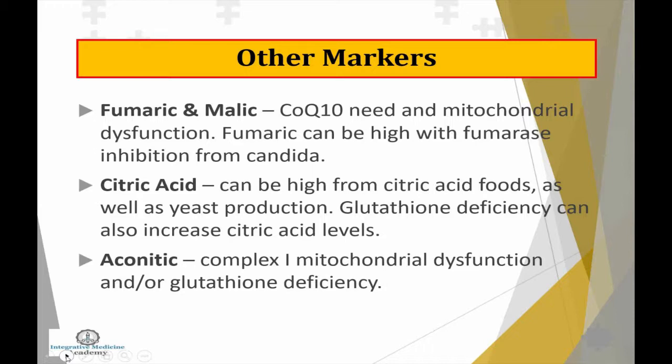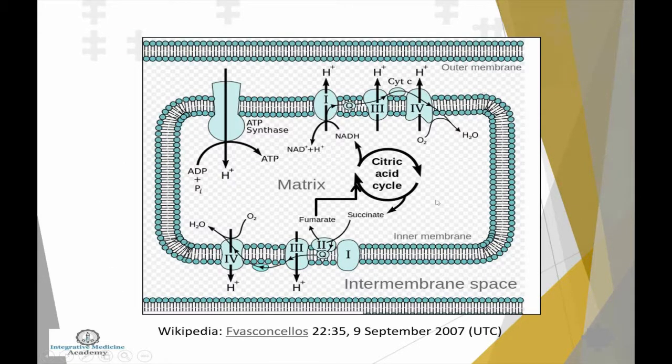And when we look at the mitochondria, it's made up of two membranes. We've got an outer membrane and an inner membrane. In the middle of the inner membrane is this area called the matrix, where a lot of the metabolic activity goes on. The citric acid cycle is also called our Krebs cycle. So it's sort of that first area where we're starting to produce certain energy substrate.